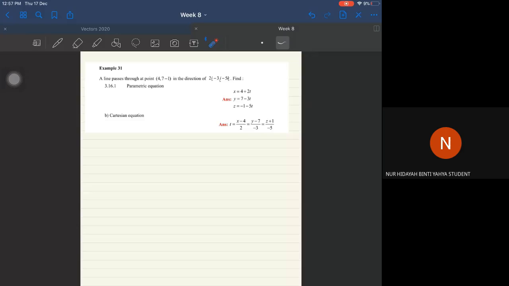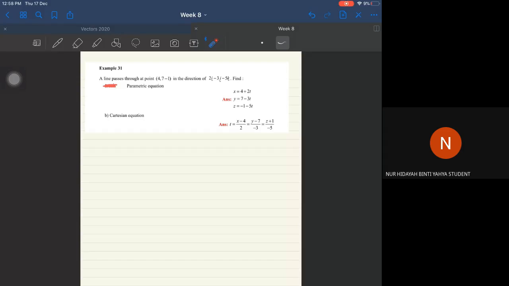Okay. A line that passes through a point 4, 7, negative 1 in the direction of this vector. In the direction of this vector maksudnya direction dia sama lah. So parallel lah kan. So you dah ada vector, you ada point. So boleh tak you cari parametric equation?